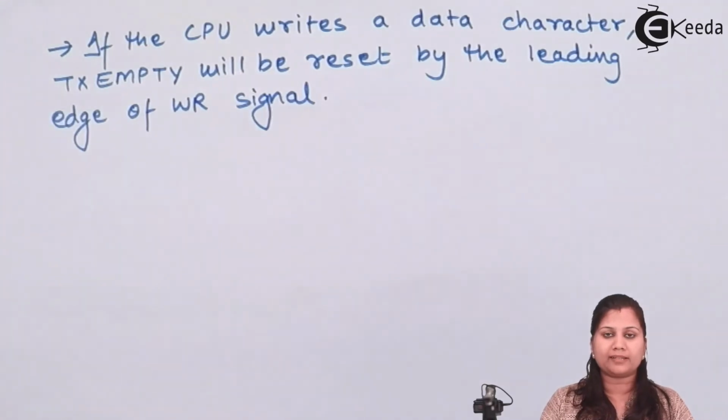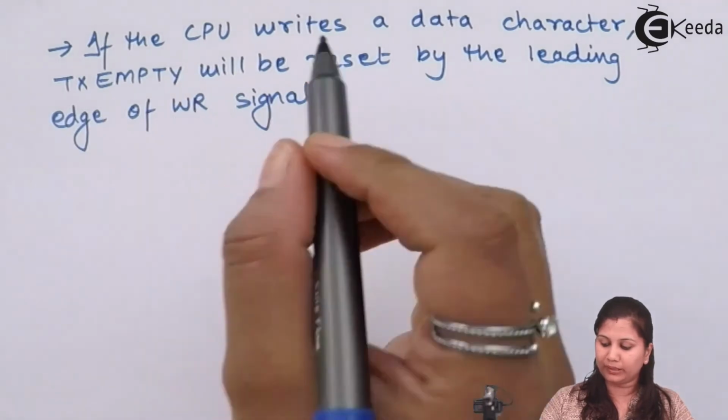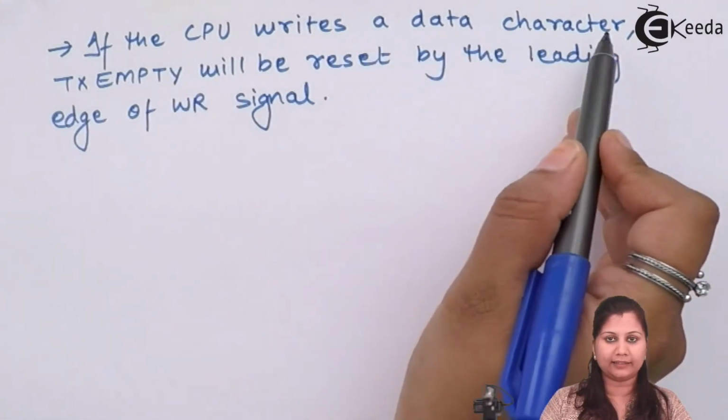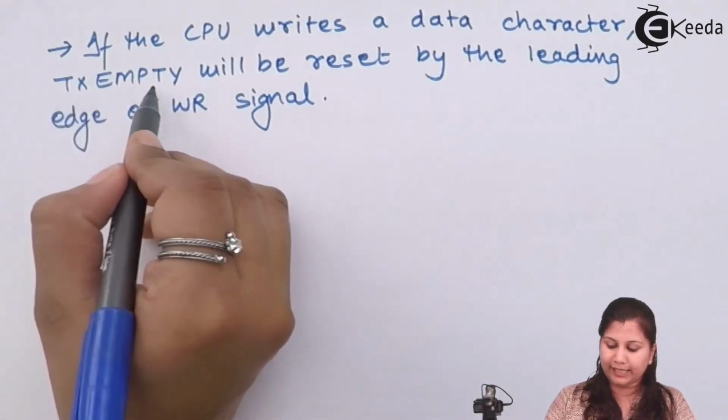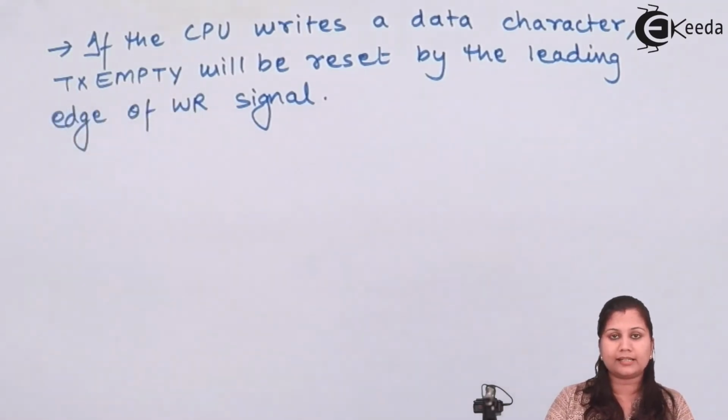Now, when the microprocessor is writing the data into the 8251 IC, it activates the write signal. The write signal is activated when the CPU is writing a data character. So this write signal will also reset the TX empty, and it will make the TX ready high. TX empty was indicating that the transmitter is empty, but now the CPU is writing data into the transmitter, so at that time TX empty will be reset.